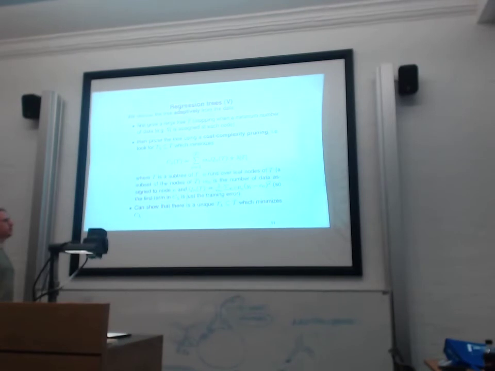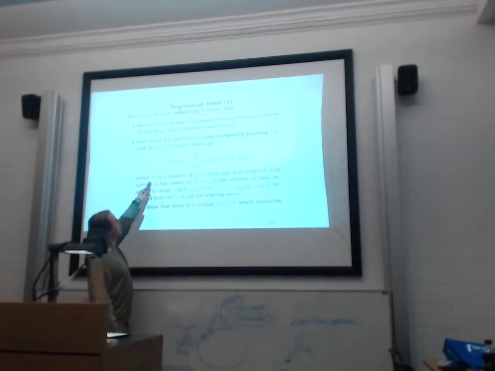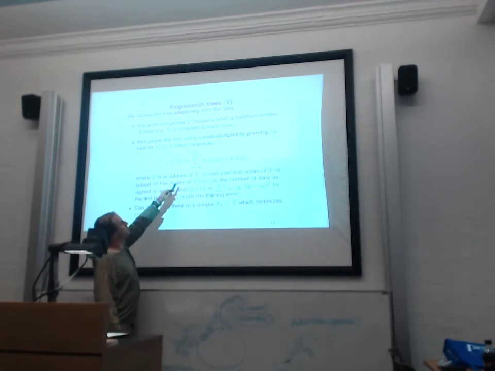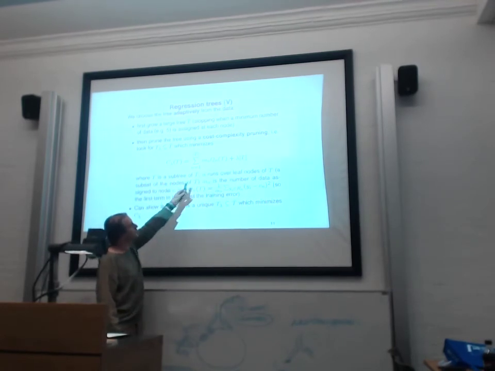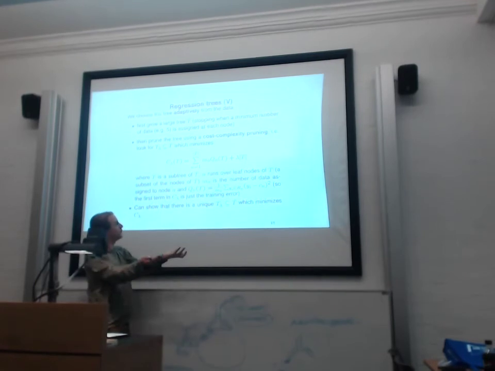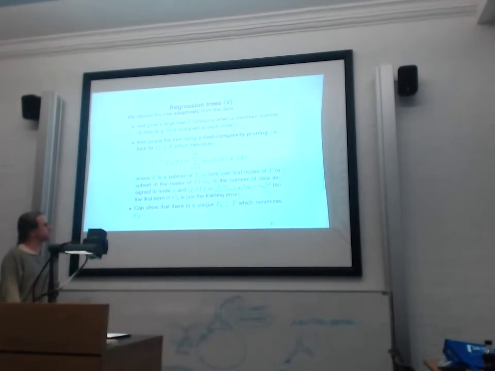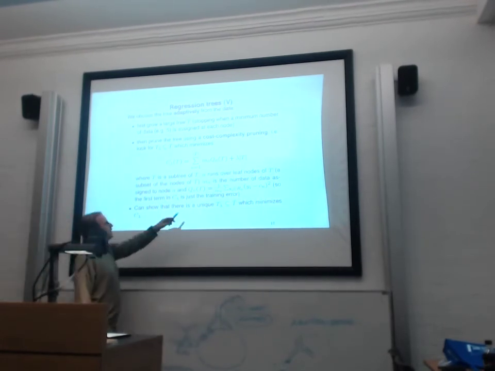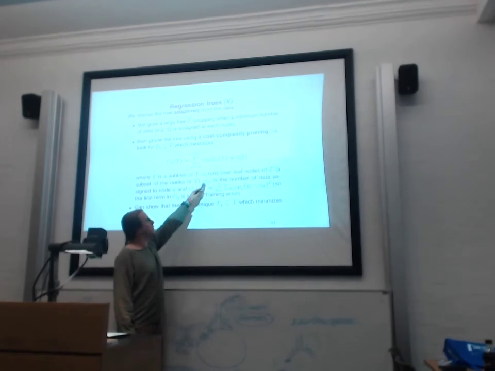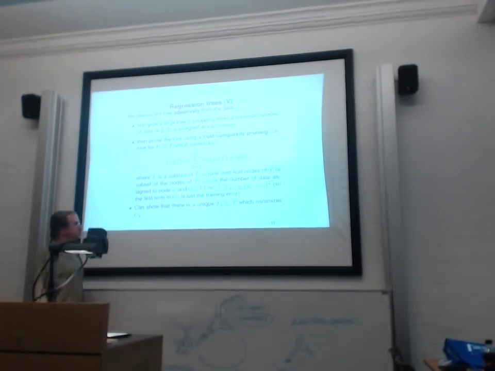So what happens? Let's go through the notation. We have our decision tree. Capital T is a subtree of T hat. Basically, it's just the final region nodes on the bottom. Mn is the number of data points in region n.